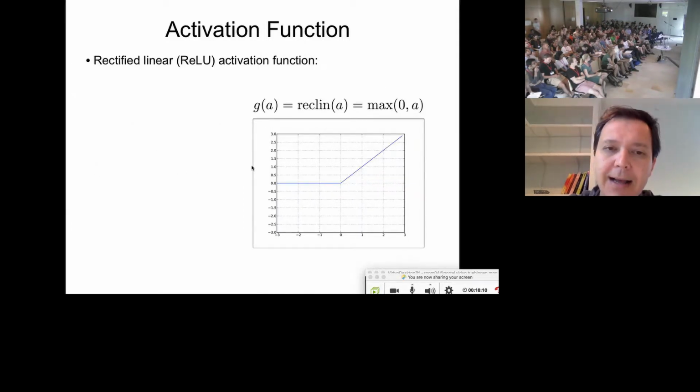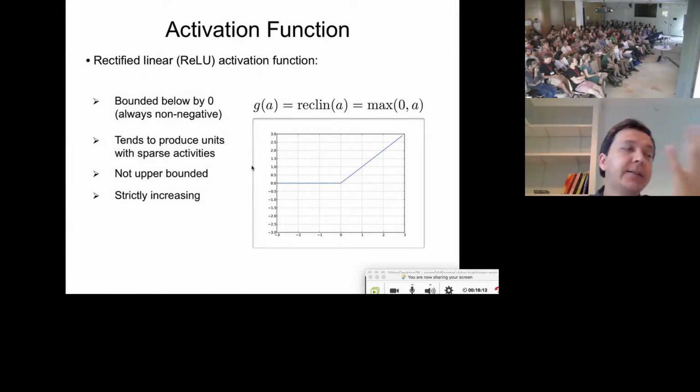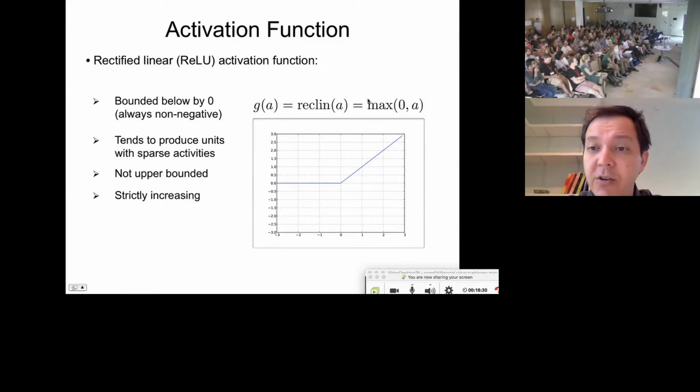Perhaps in the last 5 or so years, people switched to using rectified linear activation functions that I think was developed by Geoff Hinton back in 2011. This rectified linear unit, or ReLU, is bounded below by 0, so it just has this simple form. If it's below 0, it's 0.